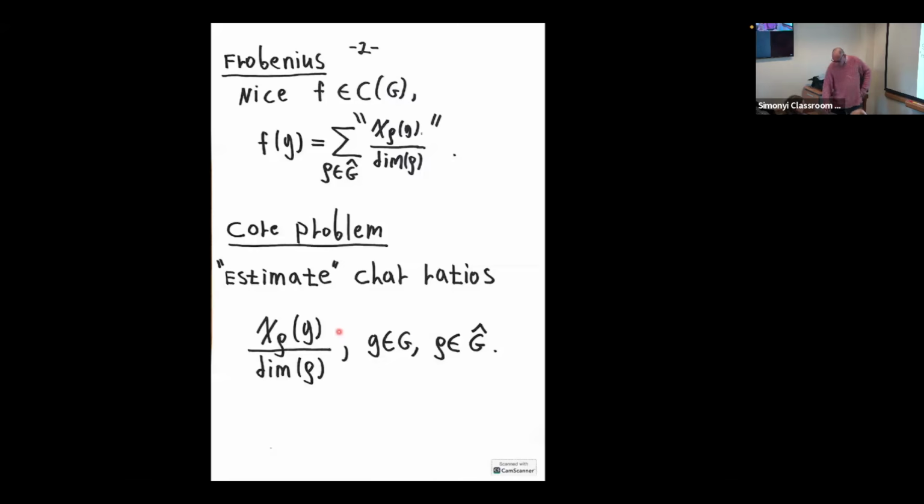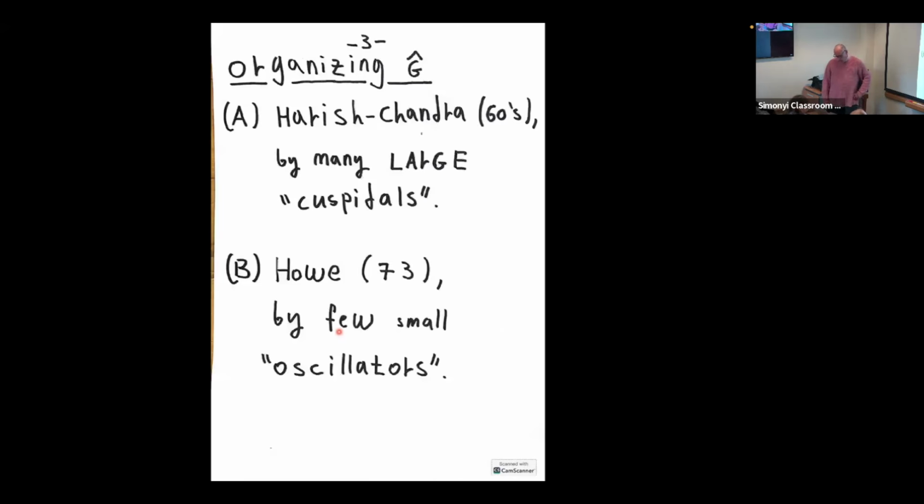So those are representation theoretic objects, and by far the most popular way that people organize and build representations is using Harish-Chandra philosophy of cuspidal forms, where you build the representations by using most of the representations called cuspidals, and not only are there many of them, they are very large.